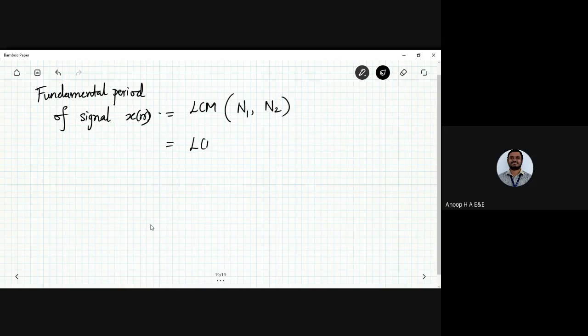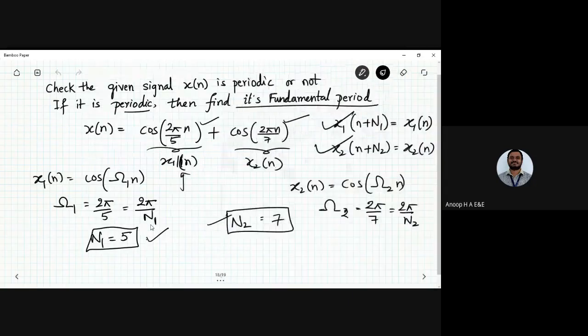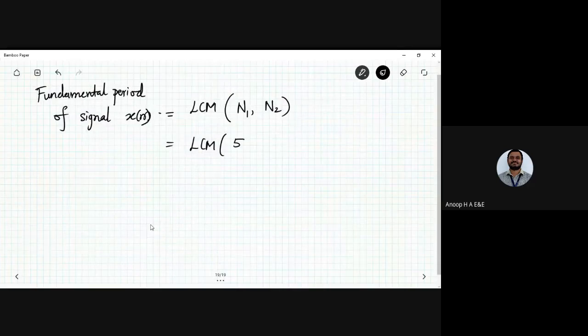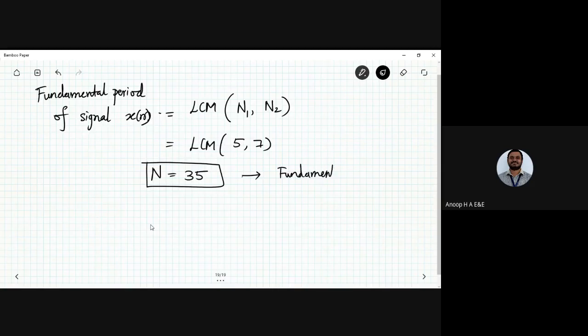This is 5 and this is 7. The LCM of 5 and 7 is 35. So n equal to 35 is the fundamental period of signal x of n.